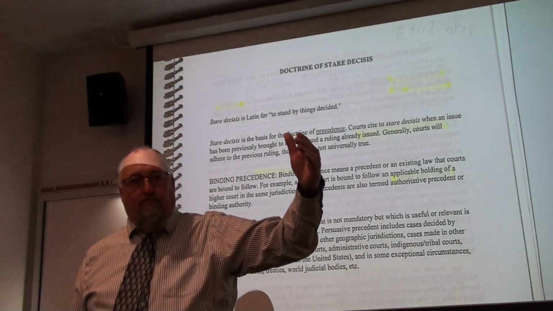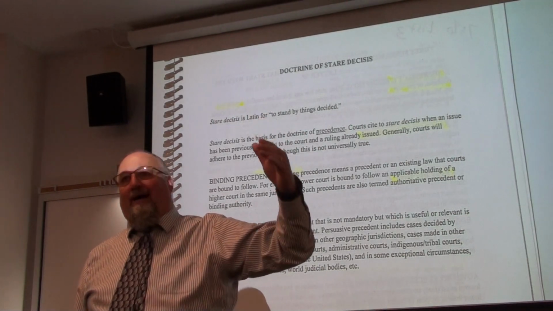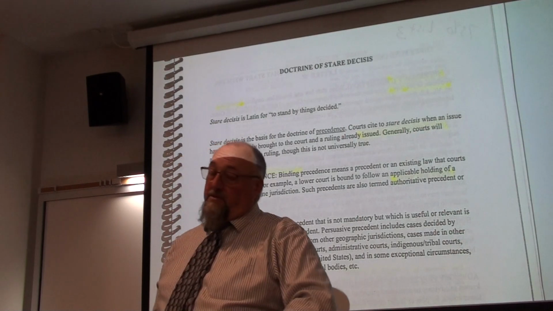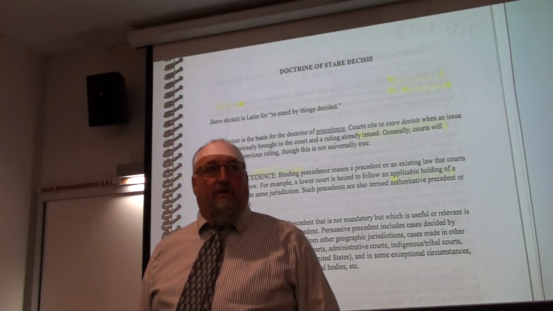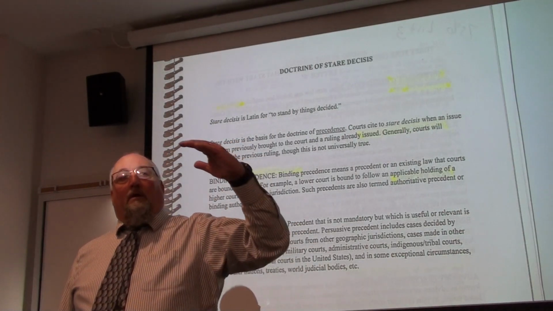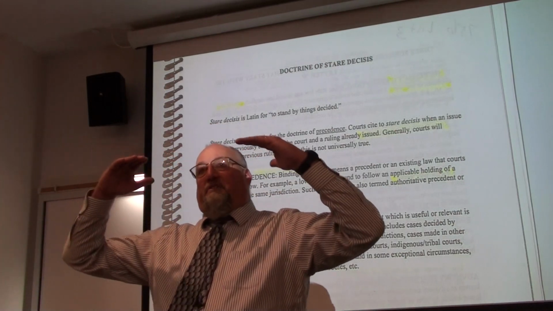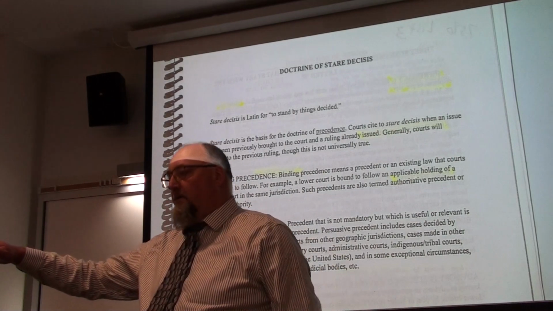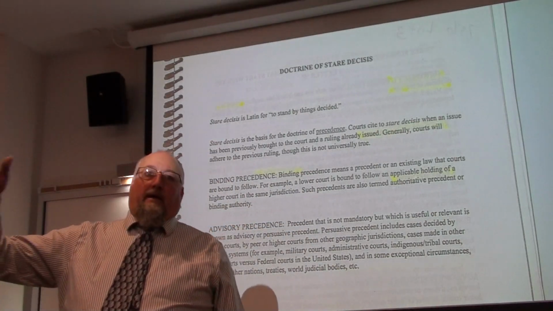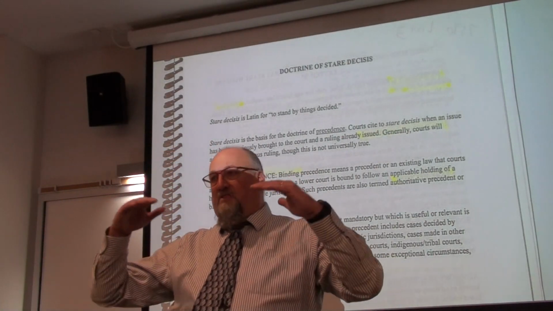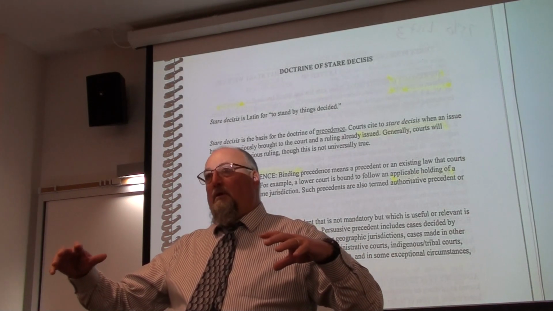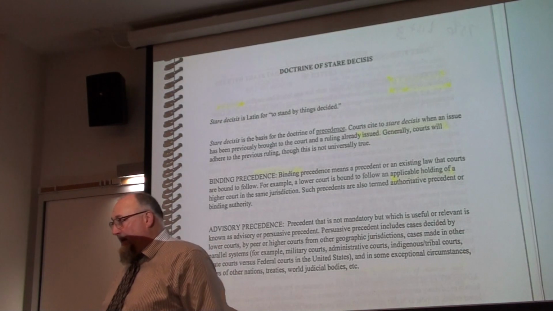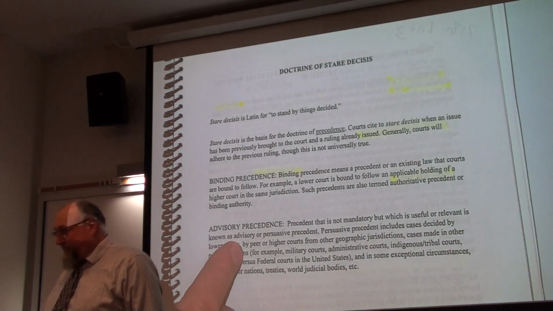issues a decision, that is binding on every other court in the United States, and sometimes outside of the United States, internationally. If the decision is from a different court, like Iowa, and I'm in Oregon, we're not in the same jurisdiction, then I, as a judge in Oregon, don't have to follow that unless I agree with it.